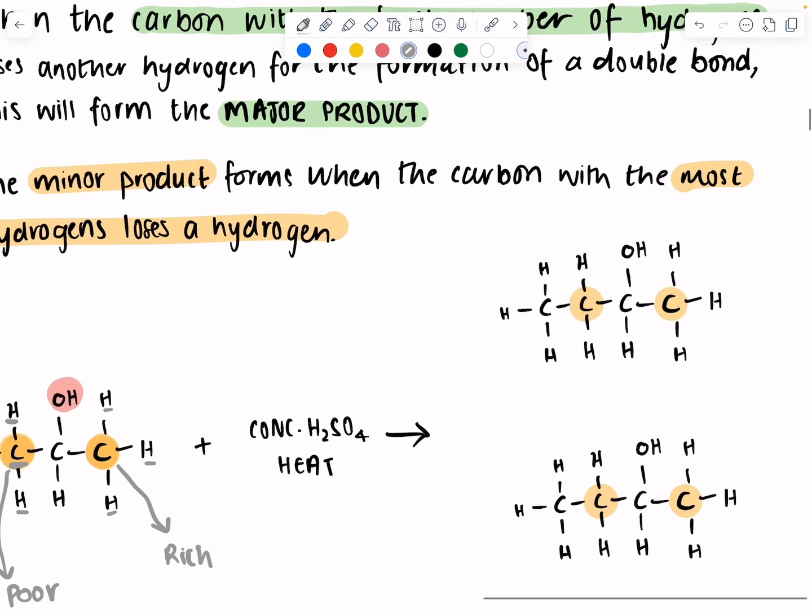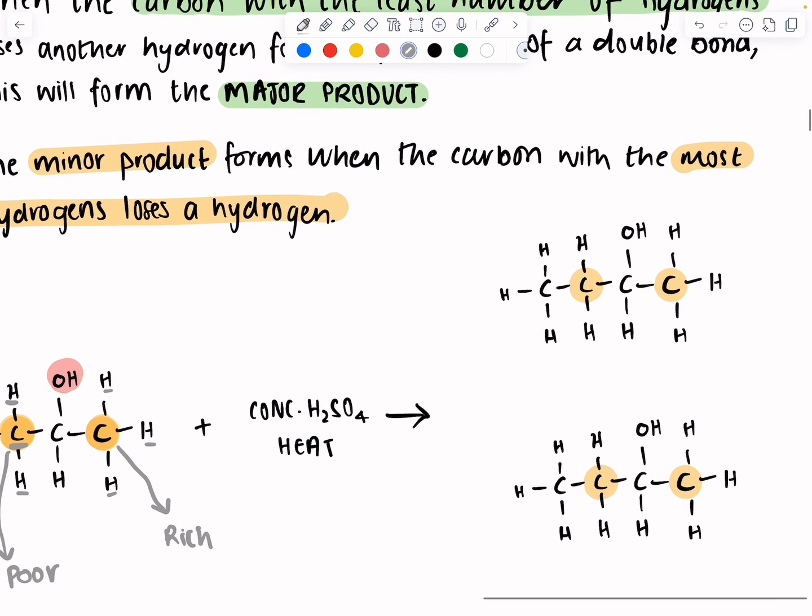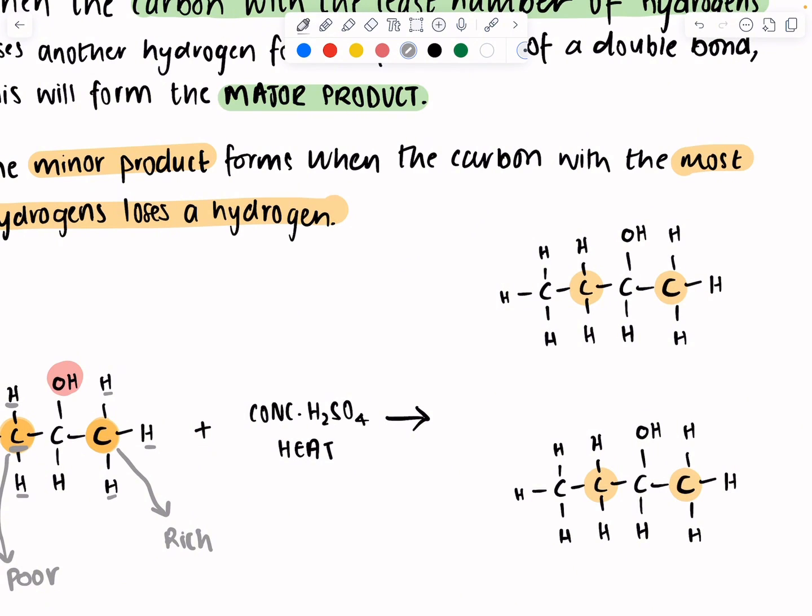Here we are, we're reacting the alcohol with concentrated H2SO4 to form an alkene. So let's focus on this molecule, this product here. I've removed and eliminated the OH group because this is an elimination reaction. And then what I'm going to do is show you what is happening to this bond over here.